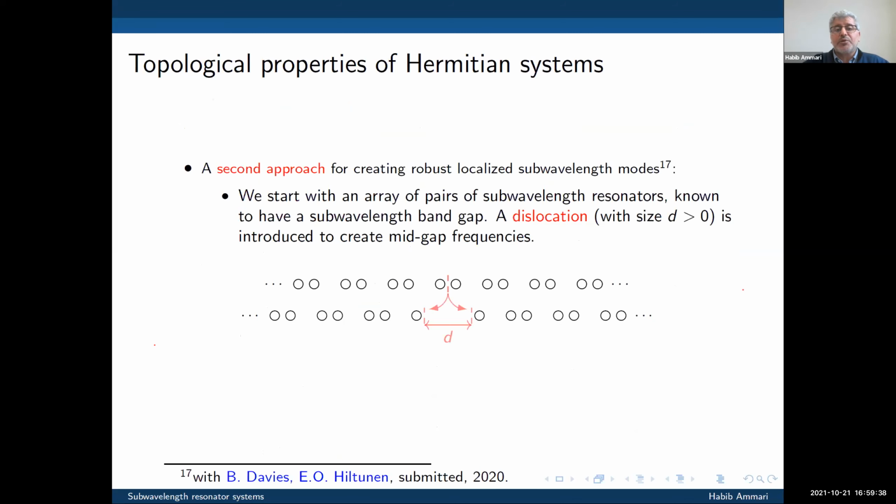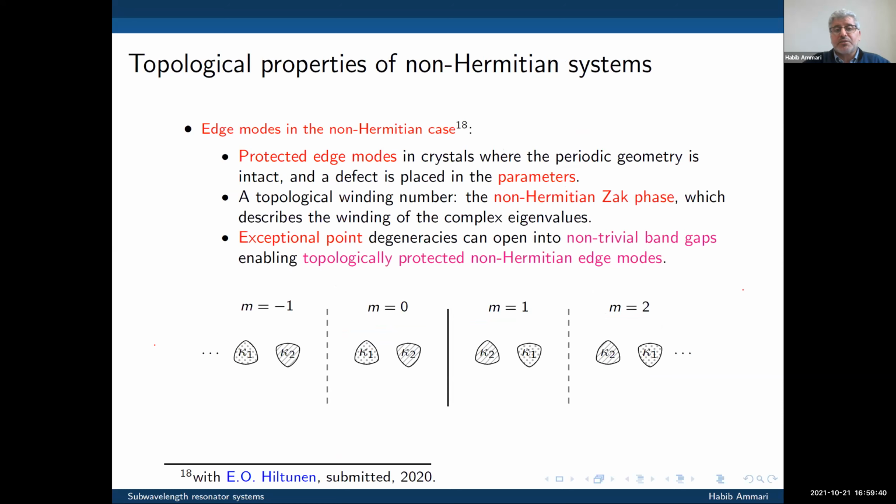Okay, so you can do the same for non-Hermitian systems. Now you take a dimer with two different material parameters, and you repeat it periodically, and this would be half of your structure. For the other half, you swap the material parameters, so you don't change the distance, you keep the distance the same. And what we can prove is that, as you know, in this non-Hermitian system, there are exceptional degeneracies.